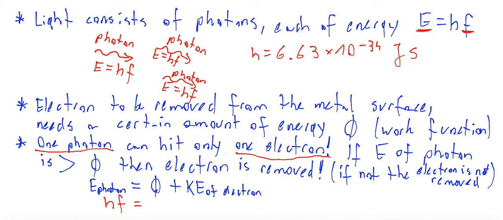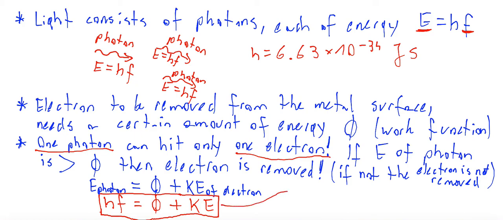We can write this in a little bit better form. hf is equal to work function plus kinetic energy. And this equation, or law of conservation of energy in this phenomenon, is the description of the photoelectric effect. And remember, this kinetic energy is the kinetic energy of the electron.